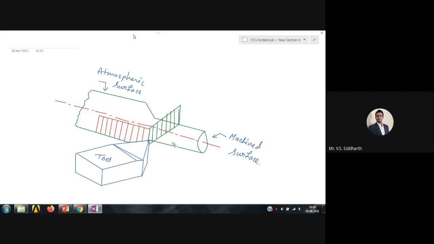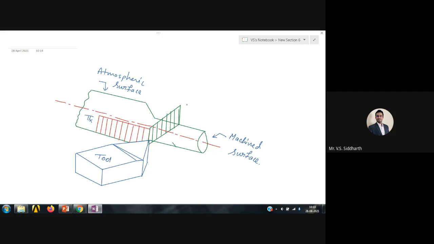Now tell me what name can I give to this red plane and what name can I give to this green plane? Comment in the chat box. Both of them are perpendicular. Red is the longitudinal plane, which is pi x plane. Very good.